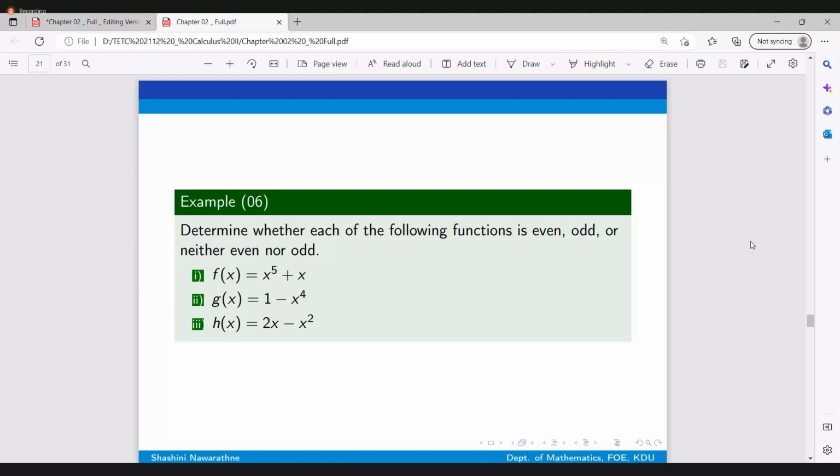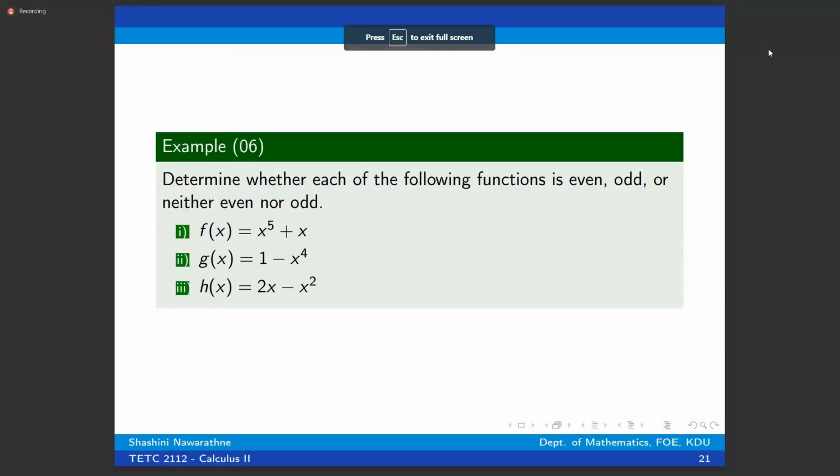The second one, g of x is equals to 1. Then h of x is equals to 2x minus x square.